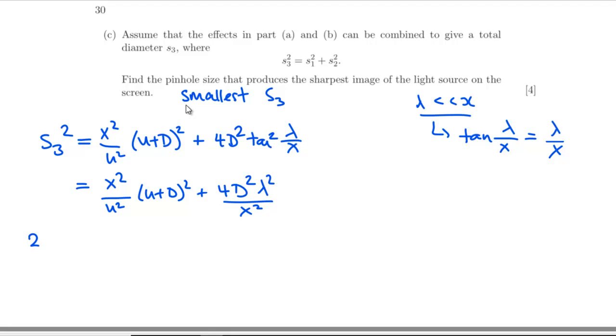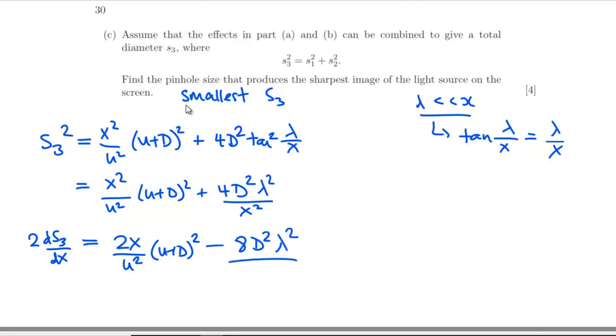We'll have 2 lots of dS3 by dx is going to be equal to 2x over u squared, (u plus d) squared, minus 8d squared lambda squared over x cubed. So we want this to be equal to 0.